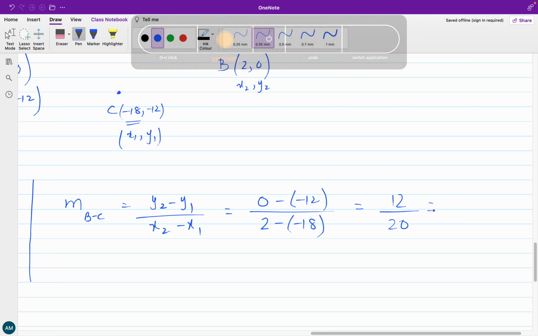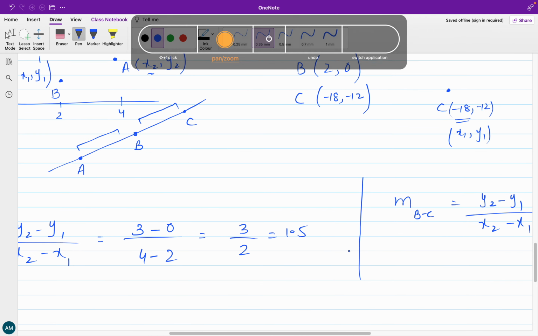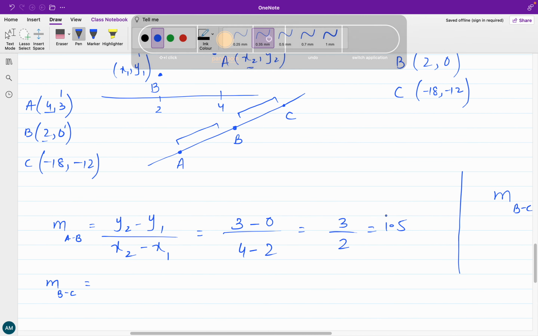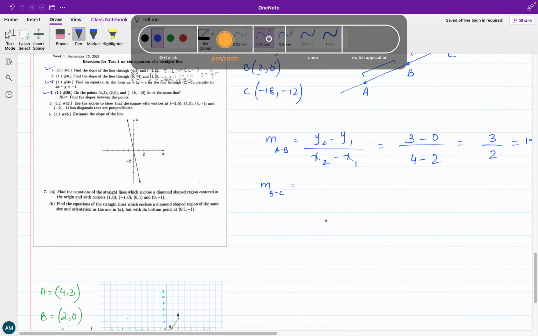Definitely not the same. So we are getting 12 upon 20, and if we simplify this, it gives us 0.6. So the gradient of B to C is 0.6. The gradient of A to B was 1.5. So we can conclude that these points do not lie on the same line.